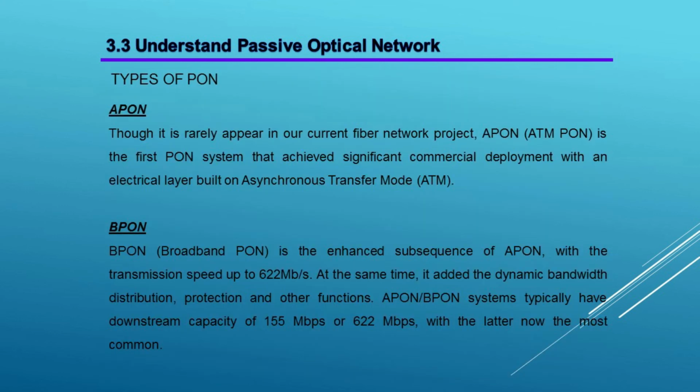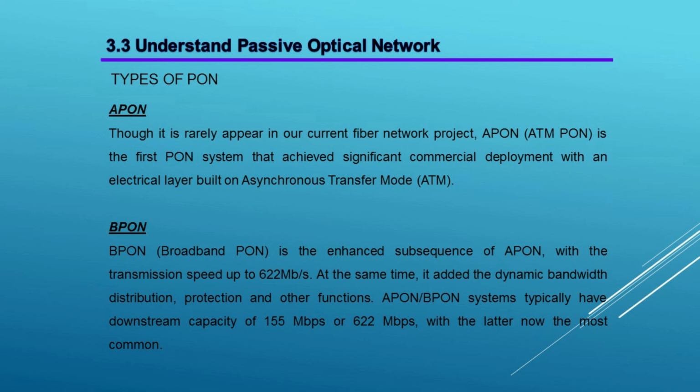Types of PON. APON. Though it rarely appears in our current fiber network projects, APON (ATM PON) is the first PON system that achieved significant commercial deployment, with an electrical layer built on asynchronous transfer mode (ATM). BPON. BPON, broadband PON, is the enhanced successor of APON with transmission speed up to 622 megabits per second.